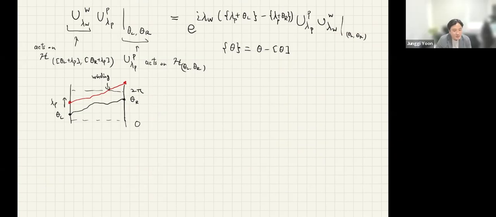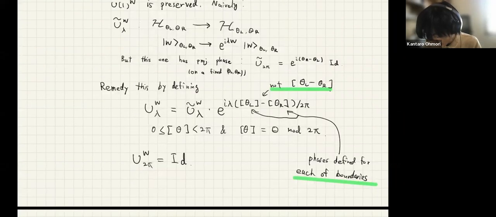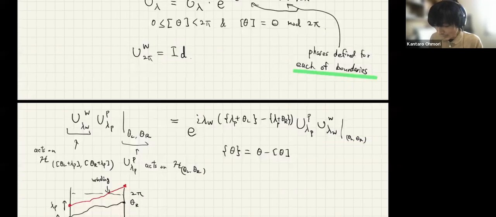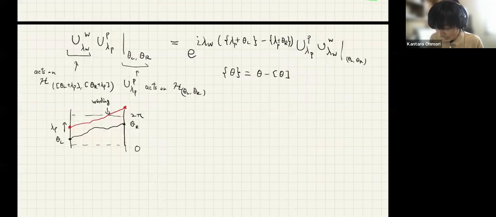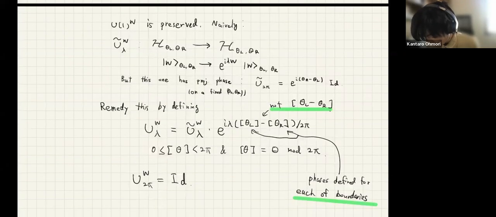Changing the winding does not mean the winding number itself is changed, but that's the definition of winding. The definition of winding number using this operator is the number of times it crosses 2 pi or 0, and that's the definition of winding with this definition.